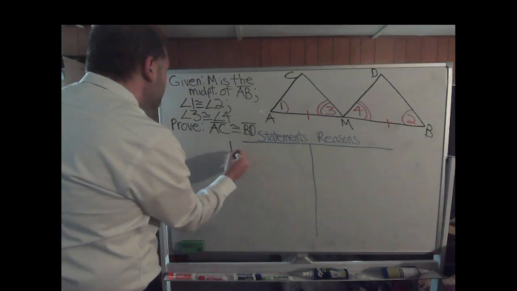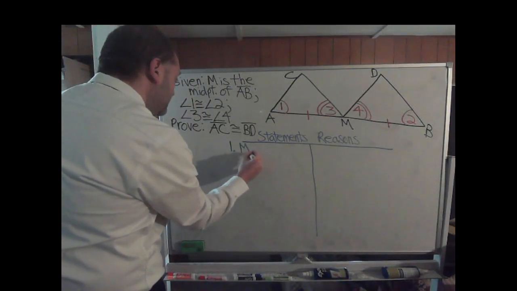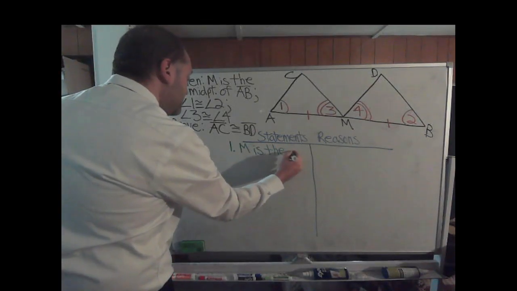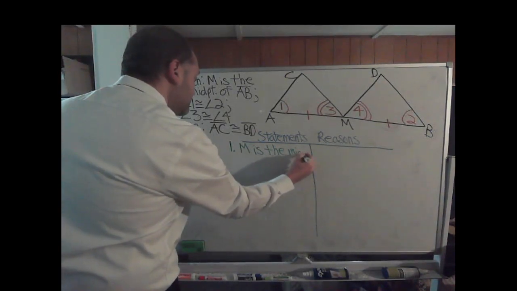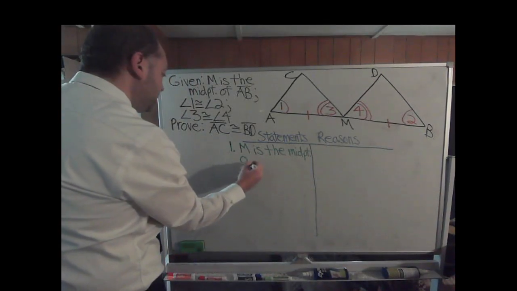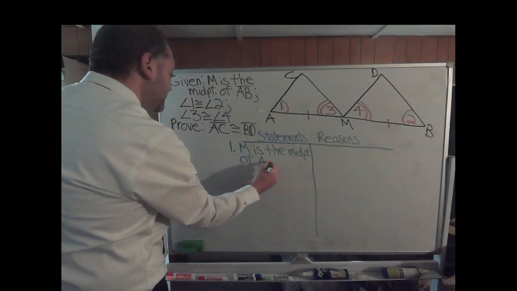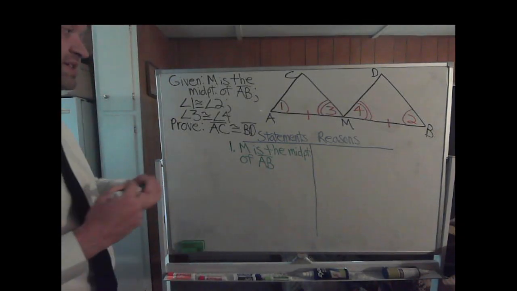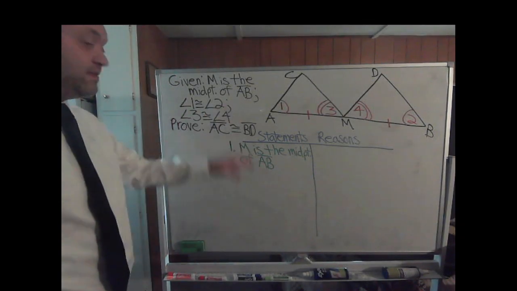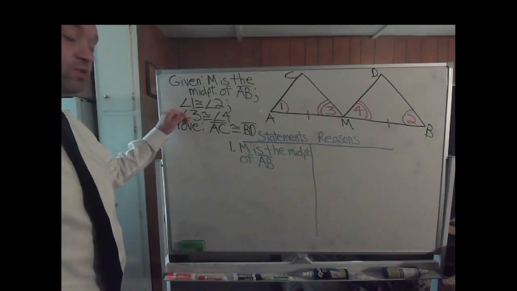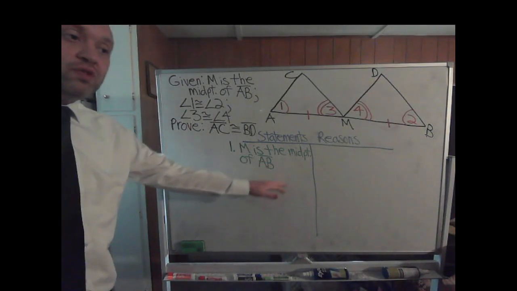So let's see, statement 1: M is the midpoint of AB. This is one where you're going to use the given information in pieces. Even though the angles are given to us, we don't put all of that in the first step.